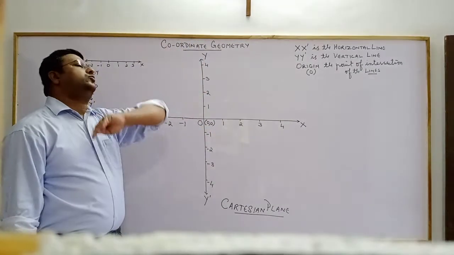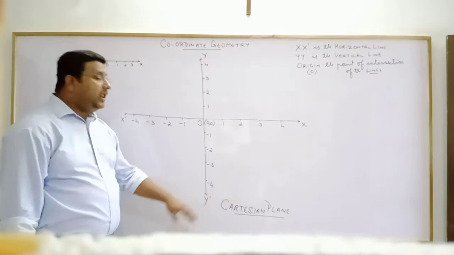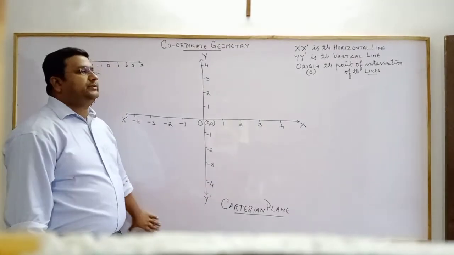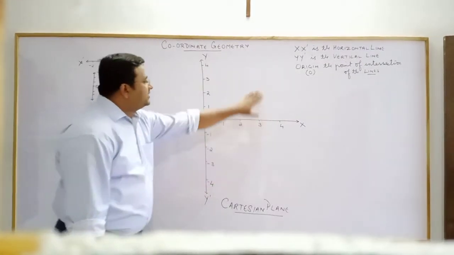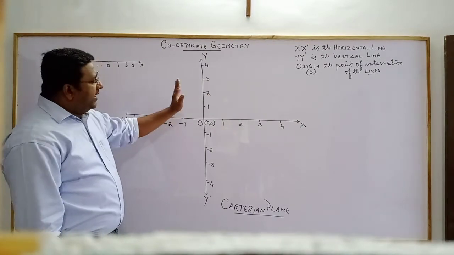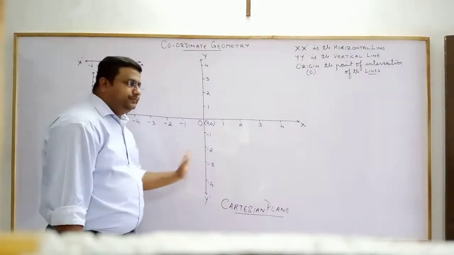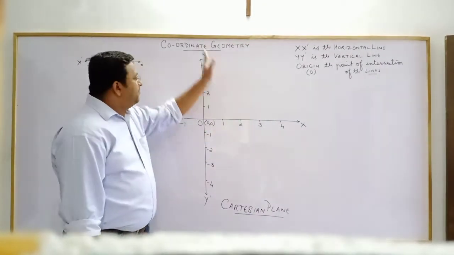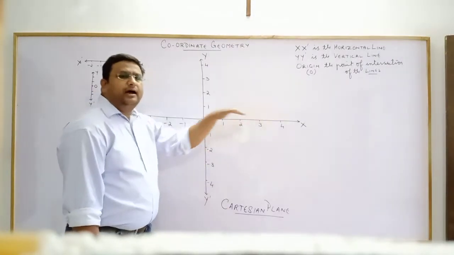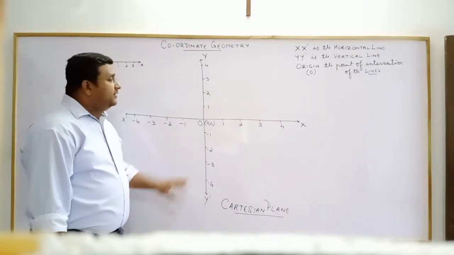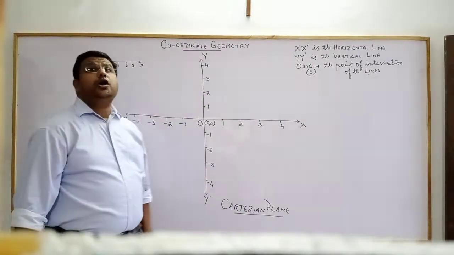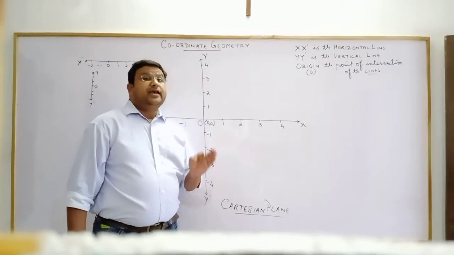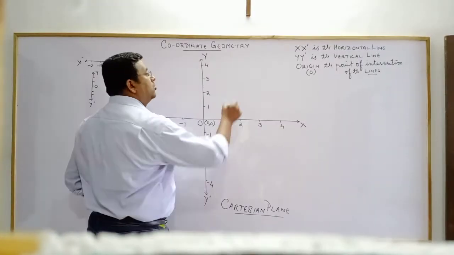But before coming to coordinates, let us talk about this Cartesian plane. Can you see it divided into 4 parts by the vertical line and the horizontal line? These 4 parts are called quadrants.